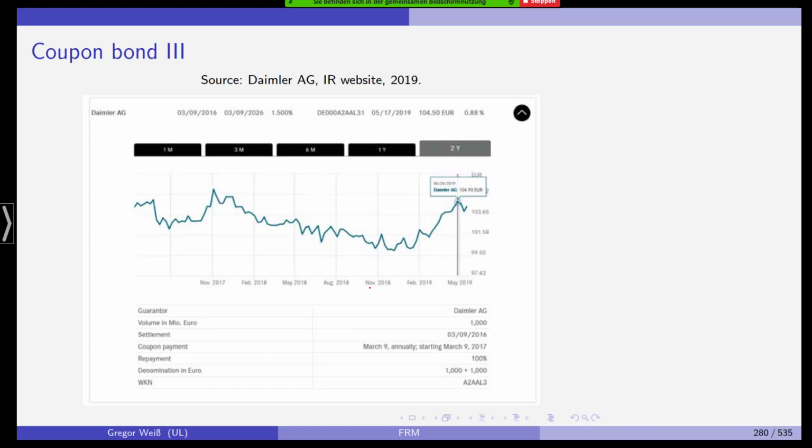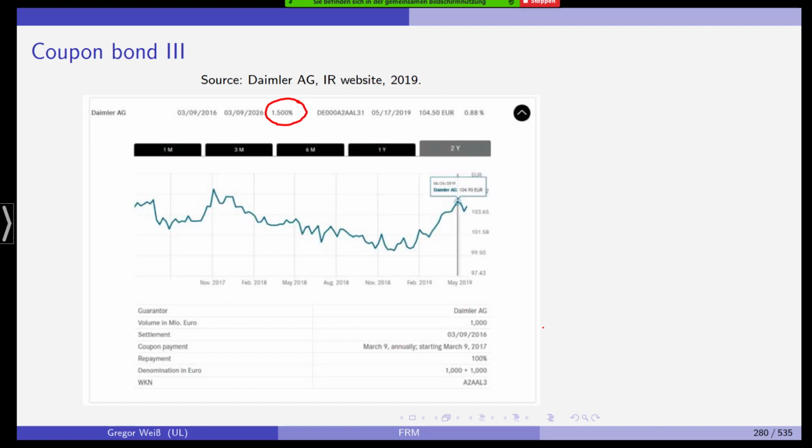The coupon payment is on March 9th each year annually, starting in 2017. The repayment is 100%. And as you can see here, it's a 1.5% coupon. So for this bond, for every 100 euros, you would get 1.5 euros annually.